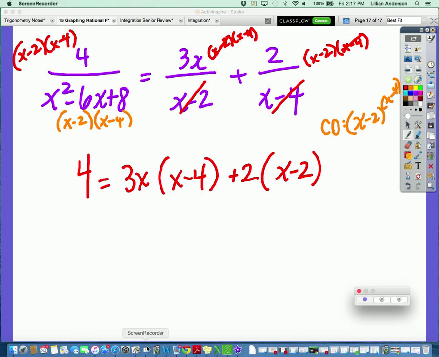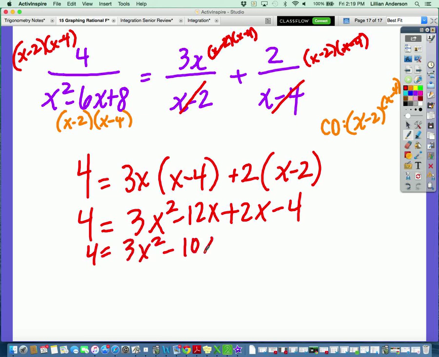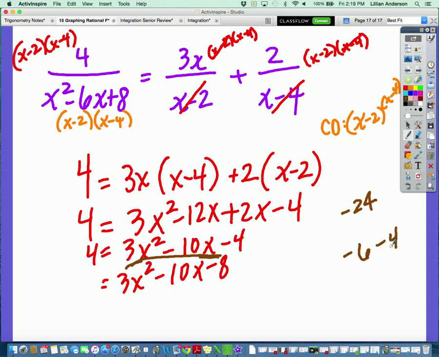Solve it. It's 10x, right? Negative 6 and negative 4. 3x on top.